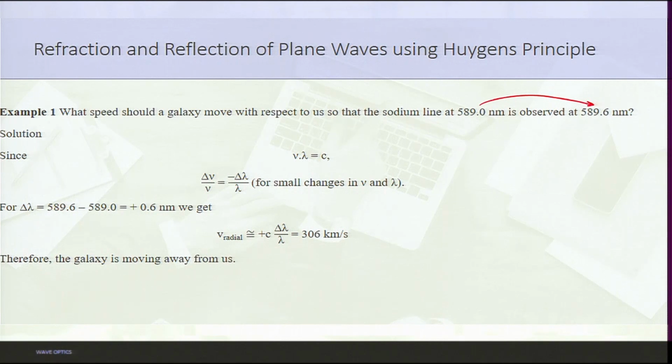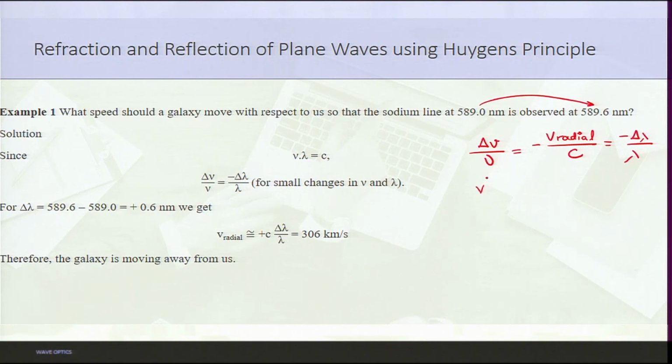Relative velocity is nothing but the velocity v radial here. This is the simple concept we know, that v times lambda is equal to c. This is the same concept you also studied in your ray optics chapter. Now, delta nu by nu is nothing but minus delta lambda by lambda for small changes in nu and lambda. Also, using the equation from below, delta nu by nu is equal to minus v radial by c, which is equal to minus delta lambda by lambda.